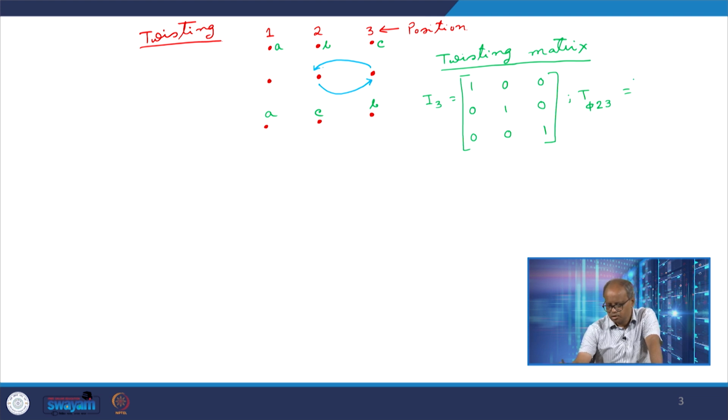So then T_φ23 would be 1 0 0. The first column remains the same, the third column comes into the second position, so the second row is 0 0 1, and the third becomes 0 1 0.